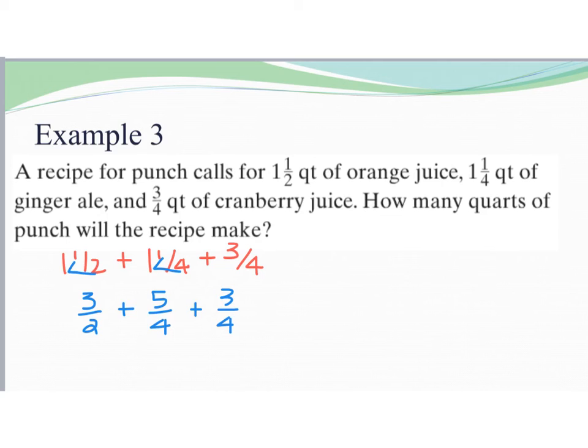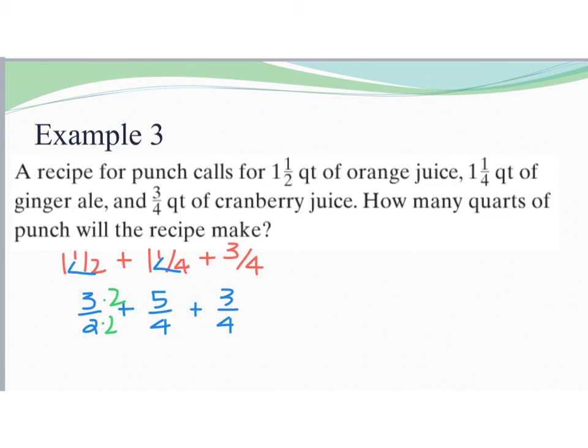Now in this case, you can multiply your denominators. Okay, I can see that I have a 2 and a 4 and a 4. So if I multiply a 2 and a 4, that can get me to 8. Or I notice that both of these have the same denominator, which is 4, and 2 will go into 4. So I can just rewrite 3/2 with a denominator of 4, and all I have to do is multiply by 2.